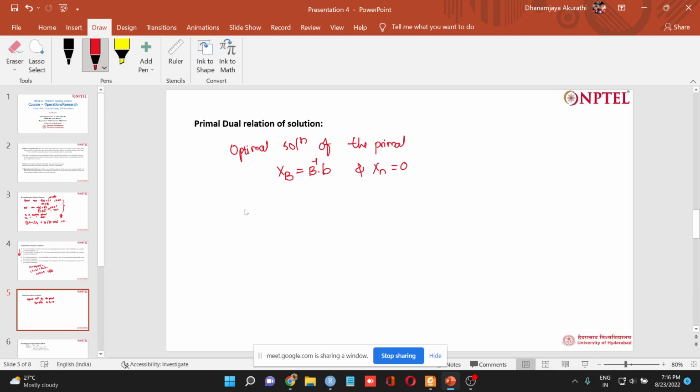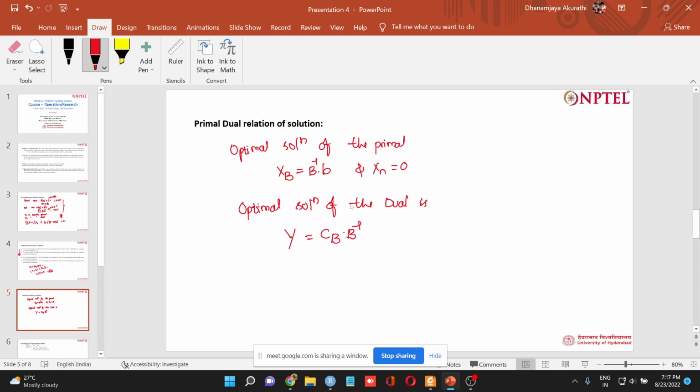This we know. Then how can we find the optimal solution of the dual without solving the dual? It is y equals CB into B inverse. We know CB into B inverse gives the Lagrangian multipliers, or simplex multipliers.